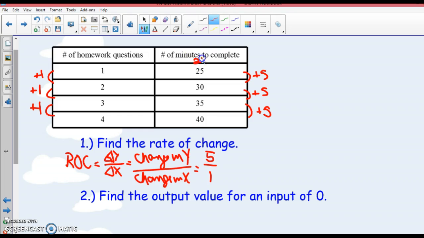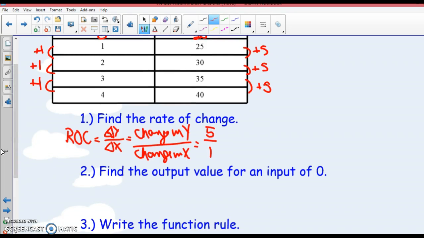It would be 20. And what would this number be? Does that really make sense for this type of problem? No, because it's not going to, right? But do you guys agree that if we work the table backwards, 20 is the y value or the output for 0 input? Okay?